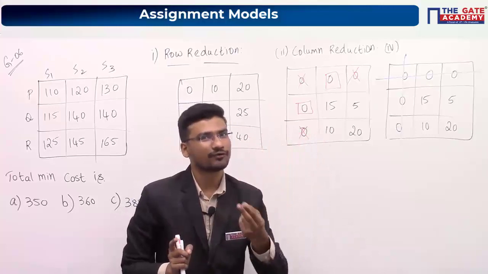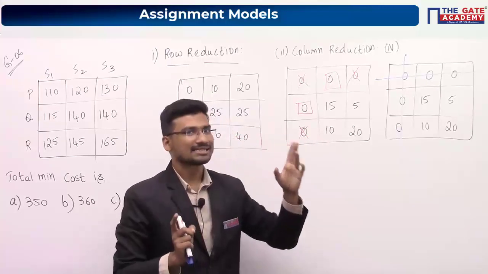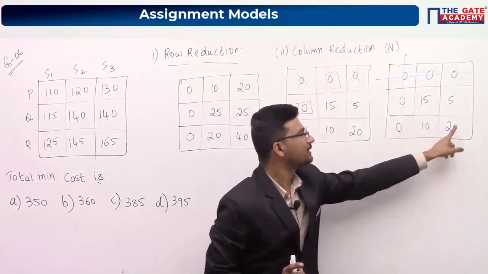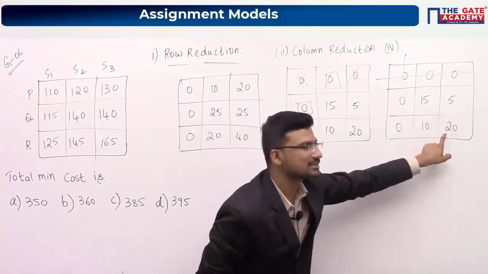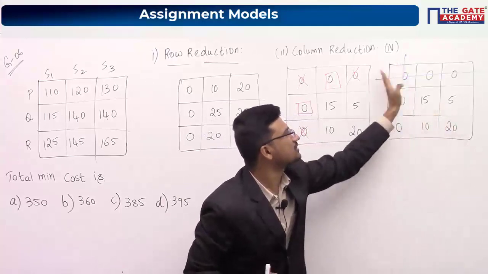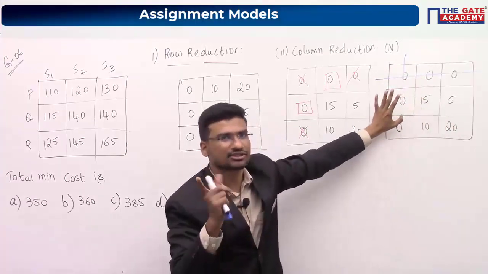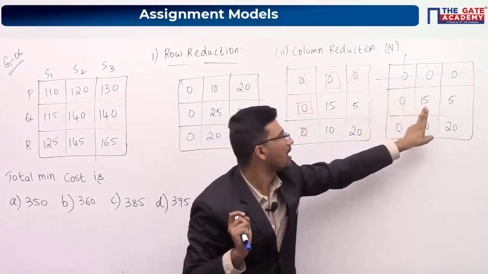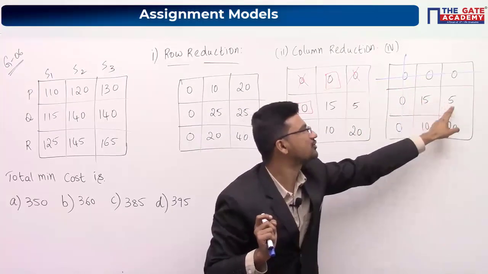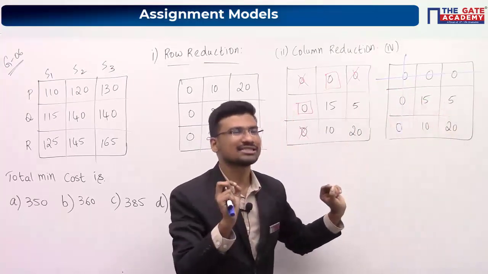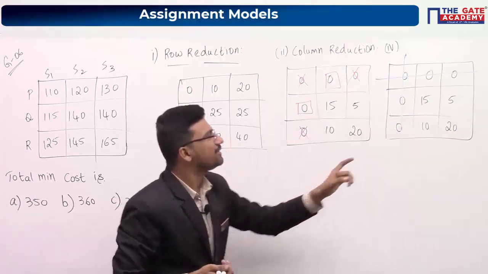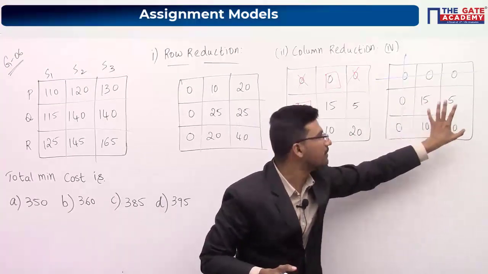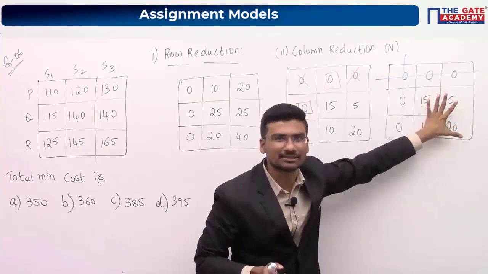In the second step, what we have to do? Select the minimum element from the uncovered elements. These zeros you have already covered using straight lines. Among the uncovered elements, choose the minimum element. What is the minimum element here? 5. Now this minimum element you have to subtract from all other uncovered elements.